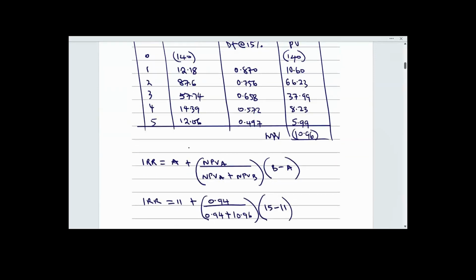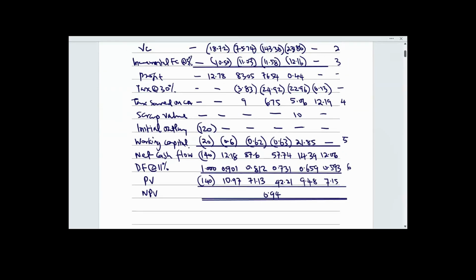So to calculate the discounted payback period, I will create a column for year, cash flow, then present value. There's no need for me to put the discounting factor again, because when I calculated the NPV, I've already calculated present value. So I don't need to recalculate it.